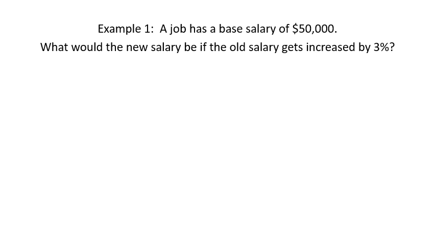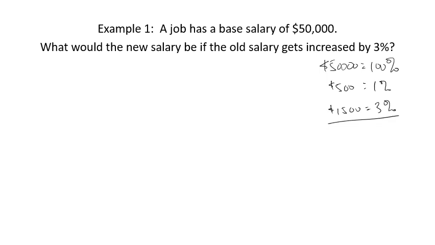We could certainly say that 50,000 is 100%. That's everything we're starting off with. So we know that 1%, we just take those two zeros off, so that's 500. And so 3% we know would be 1,500.